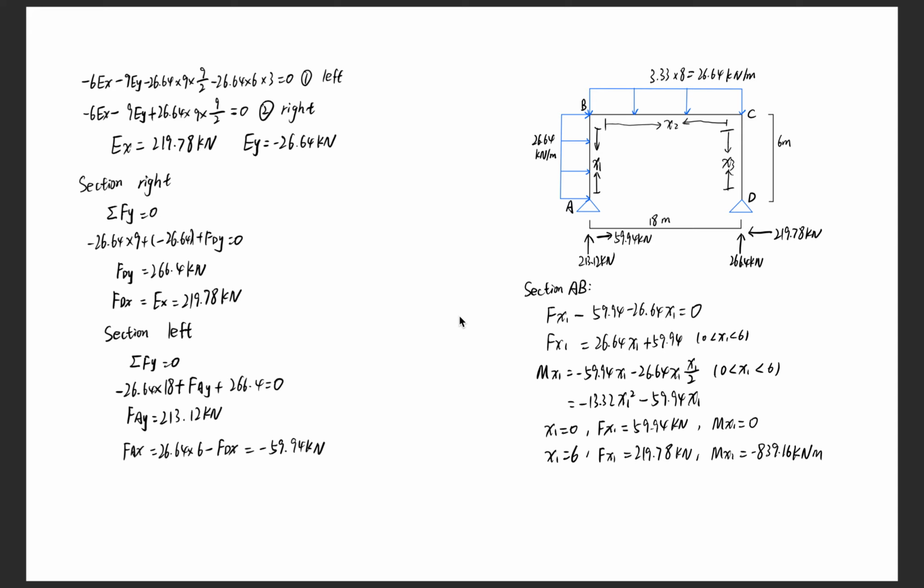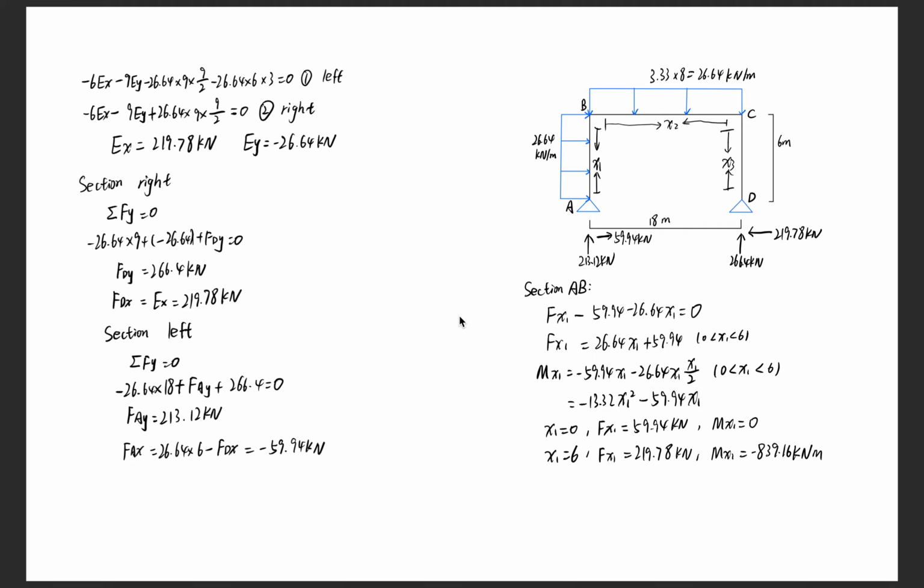And for section right, when sigma Y equals 0, we use the formula. We got FDY equal to 266.4 kilonewton, FDX equal to EX equal to 219.78 kilonewton.